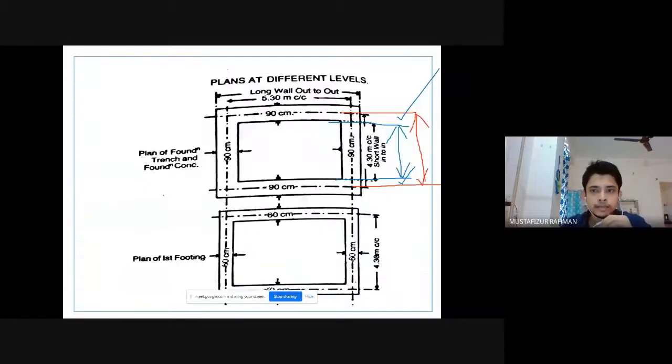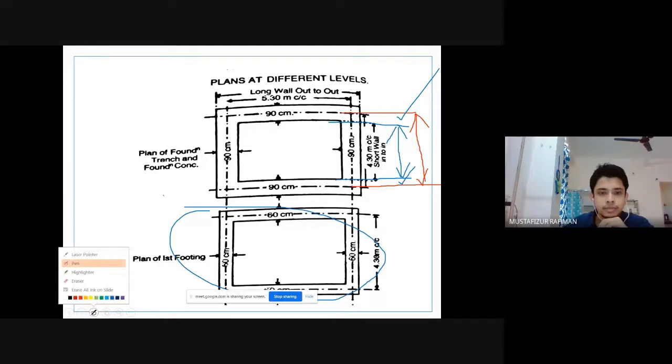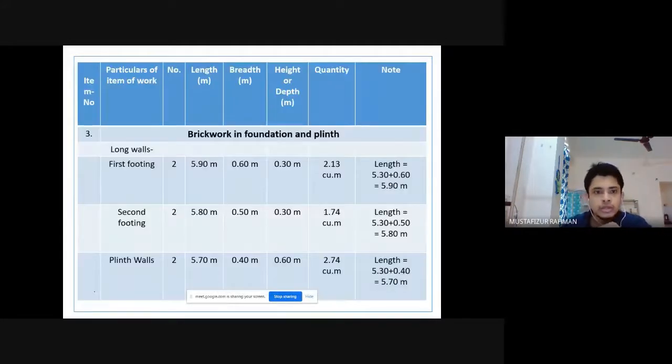Then similarly, from this drawing, now we will go to the next one, the first plan of the footing. What we are doing here is the same thing, everything is the same. We have to go back to our drawings. We have to find out the length, the breadth, and the height, then multiply, and we will find the volume of work. 5.3 is the center to center length.